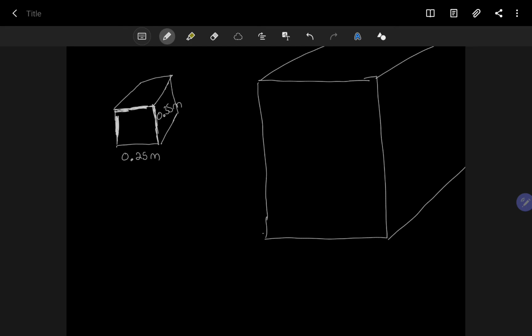And then when I'm actually looking at the actual one, what I want this base to be is .5 meters.